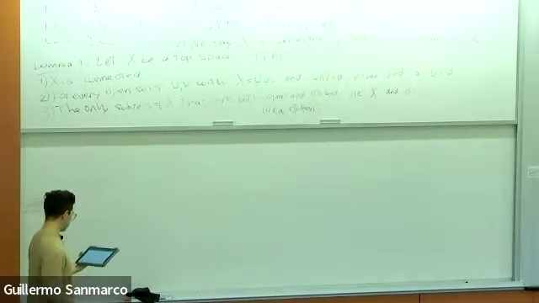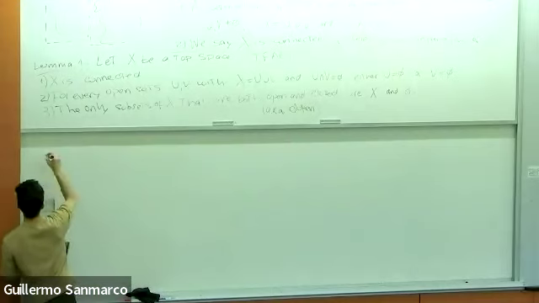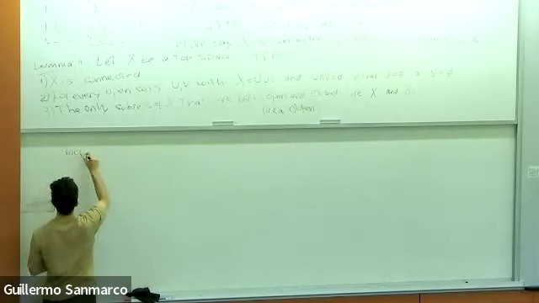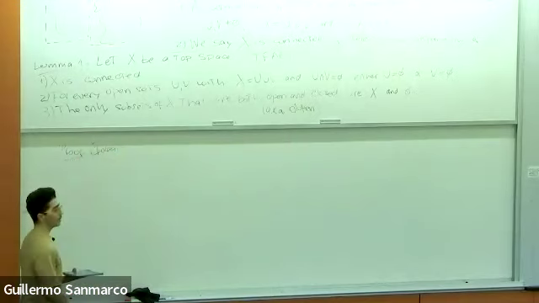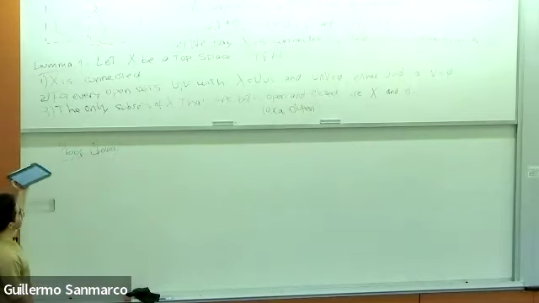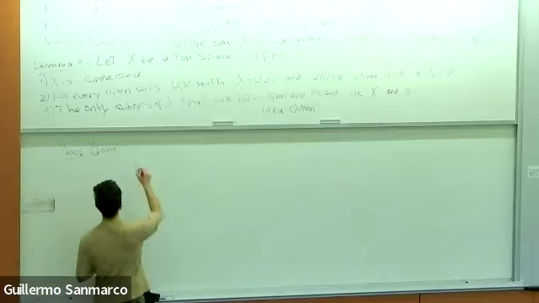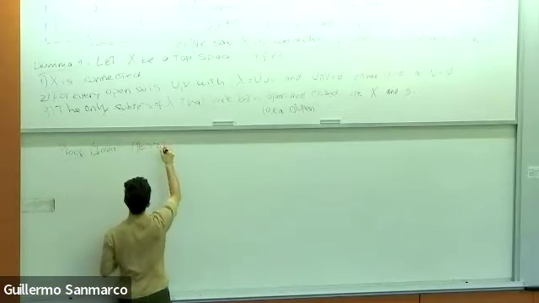So the proof, let me maybe say something very briefly. I'm not going to give you a proof. I'm just going to give you an idea. 1 and 2, there is just a logical formality. So 1 if and only if 2, there is no math here.